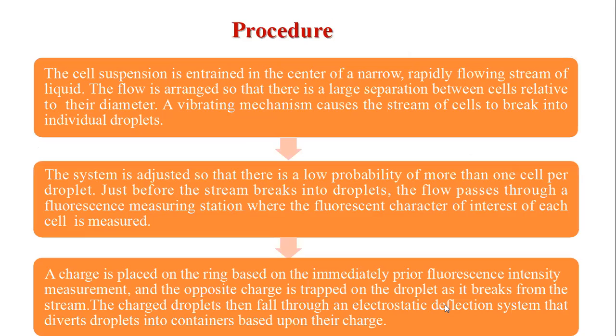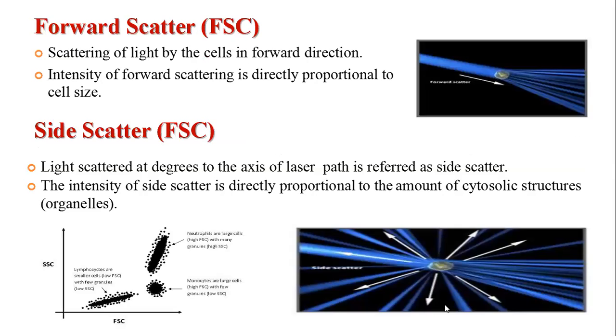Here is the detailed process that I have already discussed, so I'm not repeating it. This is how forward scatter and side scatter happen. Side scatter means light scattered at an angle to the axis of the laser path. Here the scattering light is coming in all directions, not a particular direction, while forward scatter is only in this particular direction.